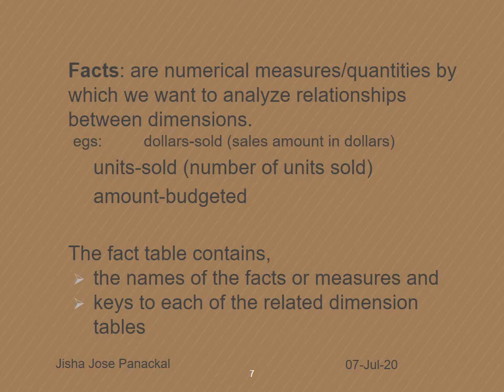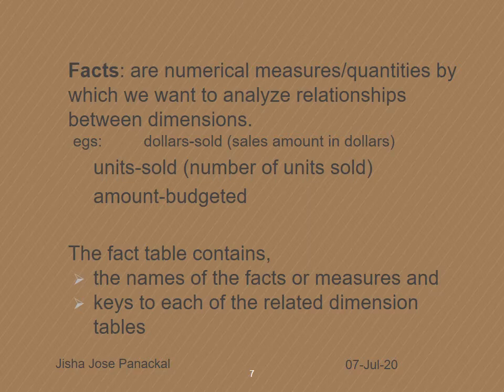Facts are numerical measures or quantities by which we want to analyze relationships between dimensions. Here we are using sales amount in dollars. We can represent it as dollars sold, or we can have a data cube for representing number of units sold. That can be represented as units sold or amount budgeted, like that.